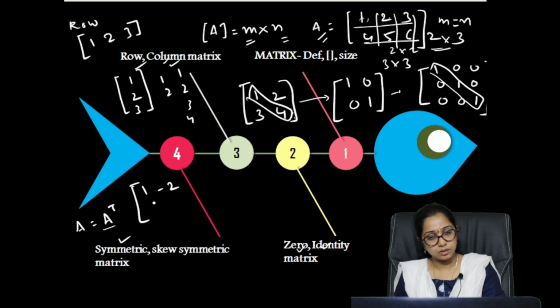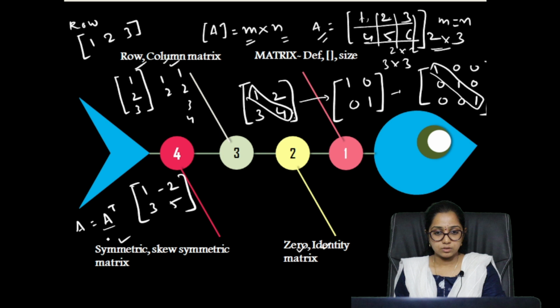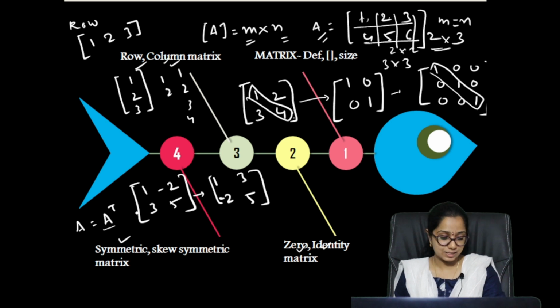Let me take a 2 by 2 matrix first, so it will be clear. If this is a matrix, the transpose of this matrix is 1 minus 2 3 and 5. So this is the transpose of a matrix. A symmetric matrix means that if the transpose is equal to the original matrix, then it is a symmetric matrix.